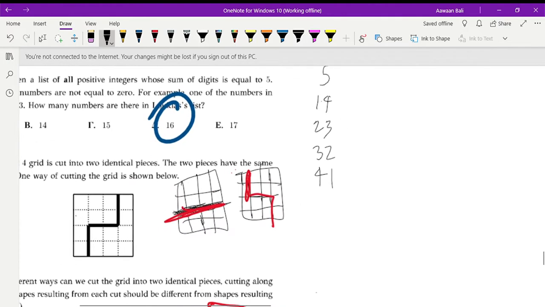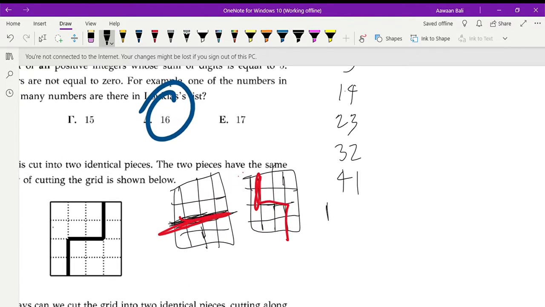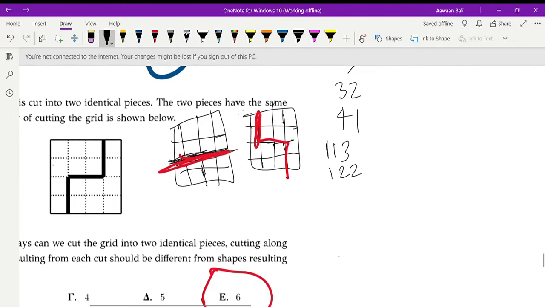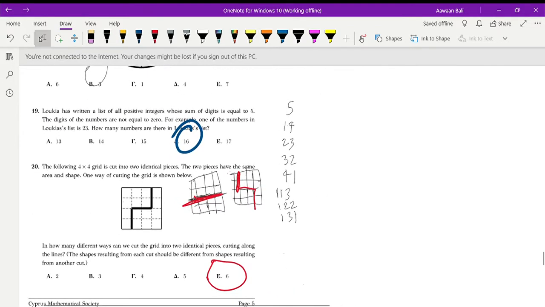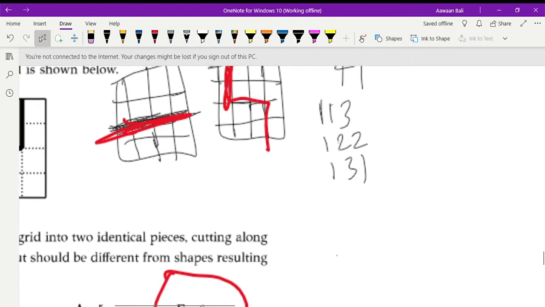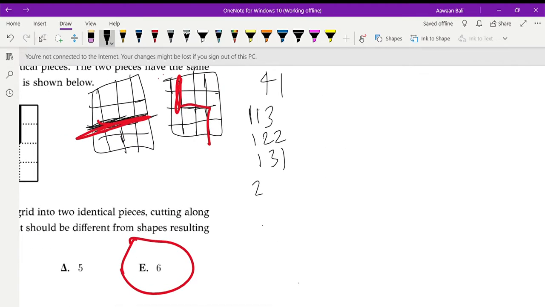Then we have to write the three-digit numbers, which means we start with the 1, and then the rest of the sum will be 4. So 113, 122, and then we can swap it around, 131. And again, we can't use any zeros. Now we go to 2, so the sum of the rest of the digits would be 3, which means we would have 212, 221.